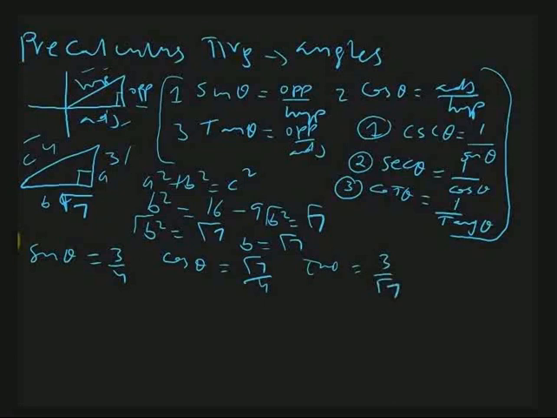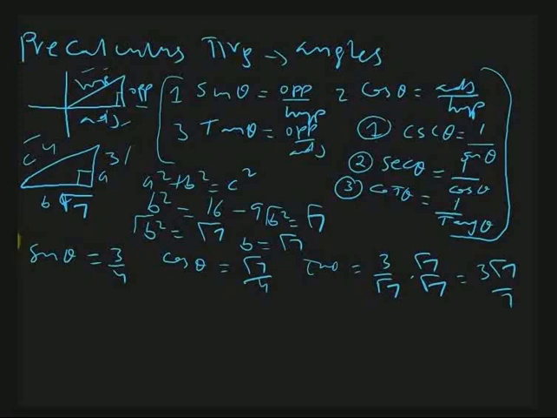Square root of 7 is a radical, and you don't want to keep a radical in the denominator, so you have to multiply by another radical so the square root cancels itself. If you multiply the denominator, you have to multiply the numerator too. So you get 3 square root of 7 over 7.